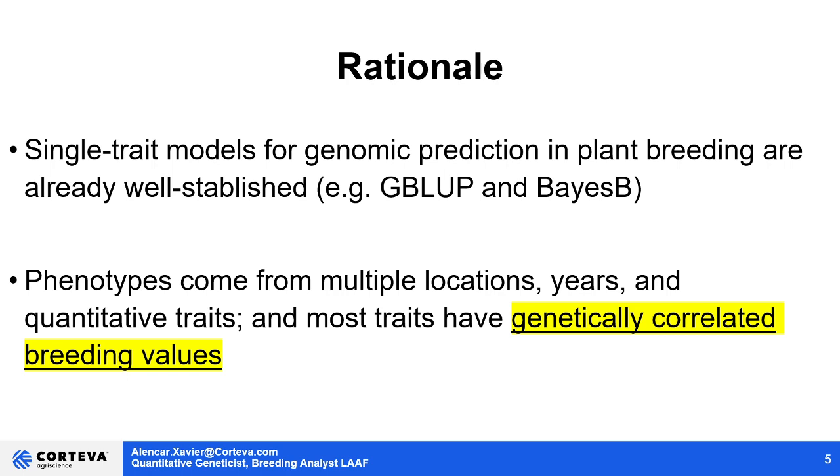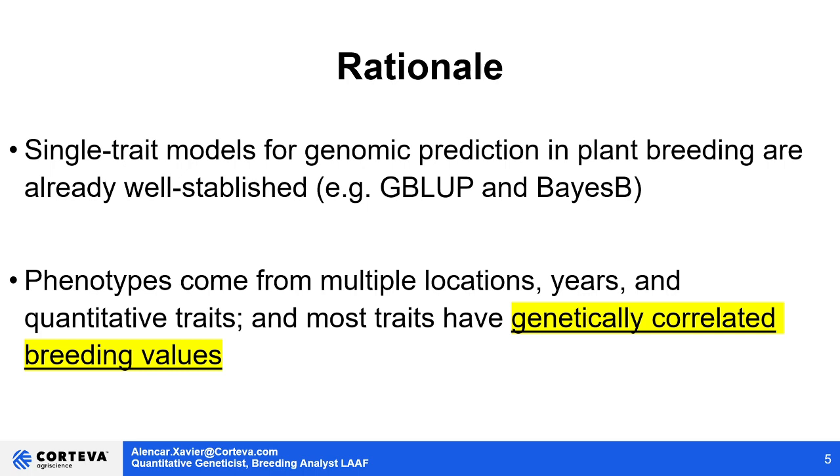Well, we do operate upon multiple traits at the same time. And we are also aware that single trait models for genomic prediction in plant breeding are already well established. Some of those you might know as GBLUP or Bayes B models, where you have one phenotype, a series of genotypes, and you calibrate this model connecting genotypes and phenotypes.